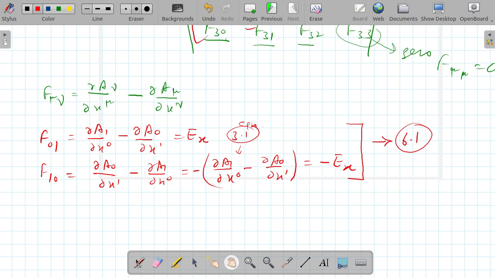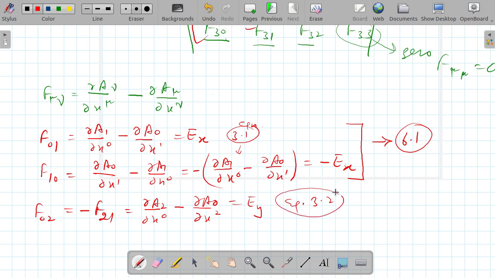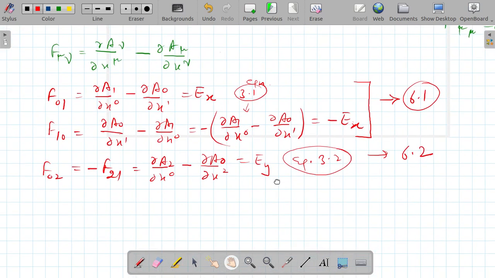Similarly, I can calculate F02, and it comes out to be negative of F20 in a similar fashion. So it is equal to curly A2 over curly x0 minus curly A0 over curly x2, and this is Ey. Here I have used equation 3.2, and I am calling it equation 6.2.